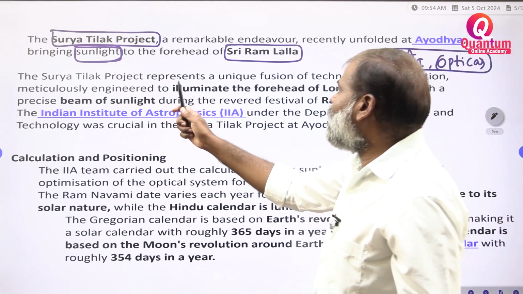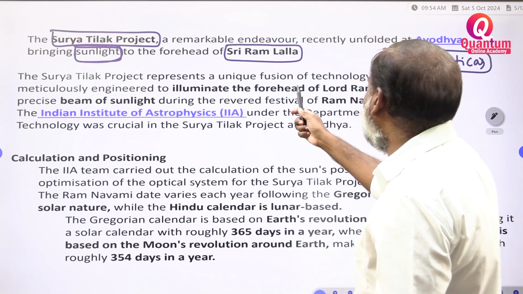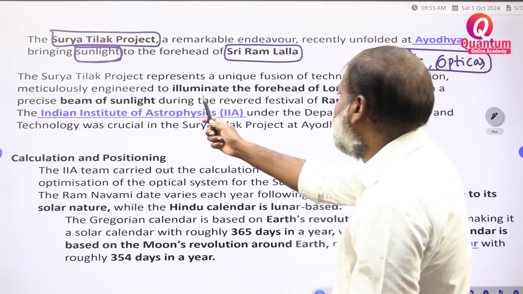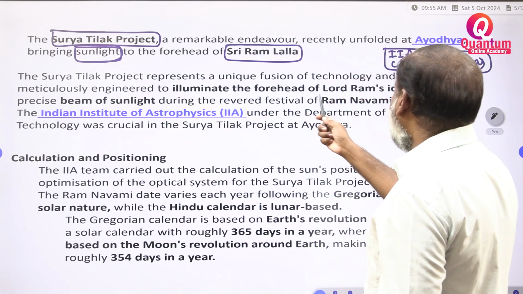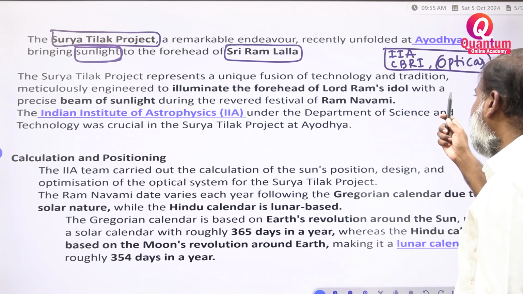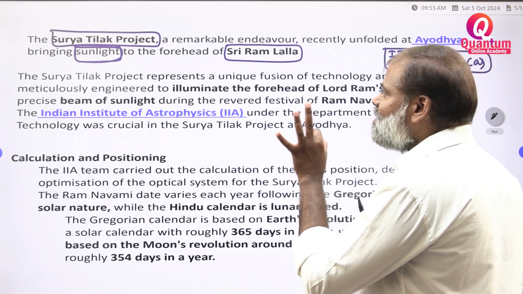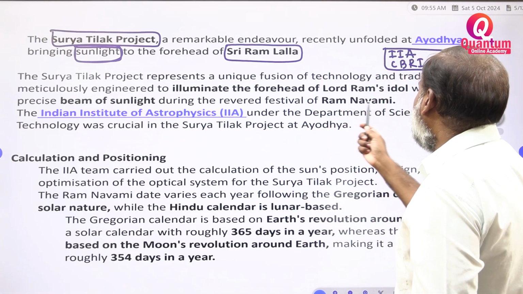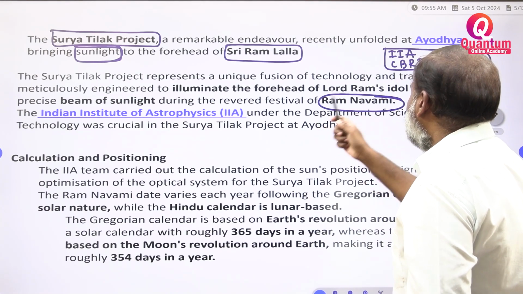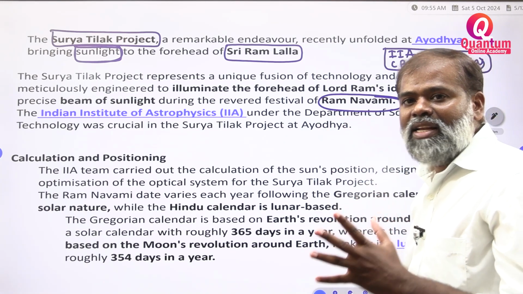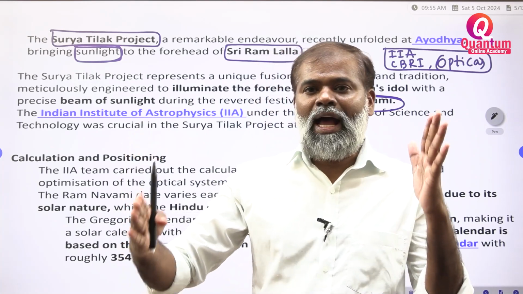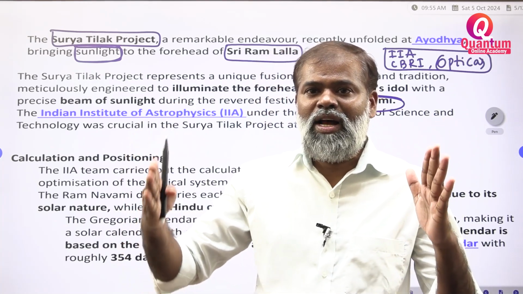The Surya Tilak project represents a unique fusion of technology and tradition. It is meticulously engineered to illuminate the forehead of Lord Ram's idol with a precise beam of sunlight during the revered festival Sri Rama Navami. Every year Sri Rama Navami comes on one day, but there are two calendar systems in our scenario.